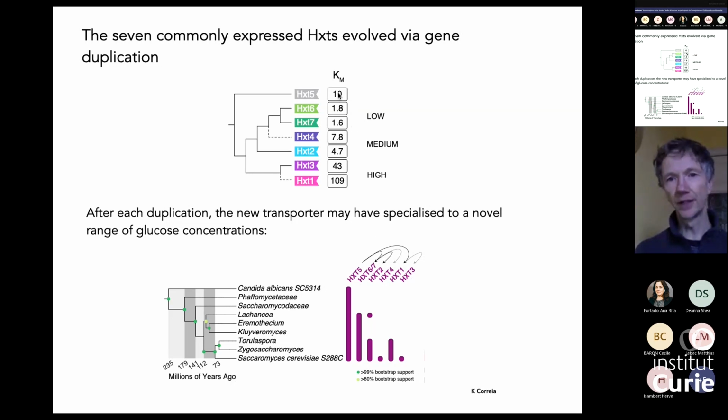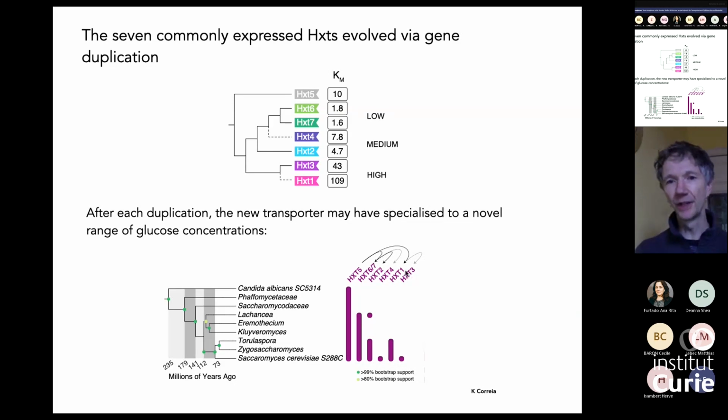HXT5 itself currently has medium affinity. The next events were duplication of 2 and 4, which have medium affinity. Again, we're extending the range of affinity. More recently, we have had further duplications to create the last two, 1 and 3, which have low affinity and have extended the range of affinity even further. This is consistent, at least, with how these have evolved.